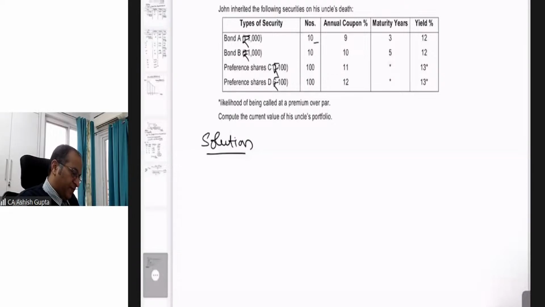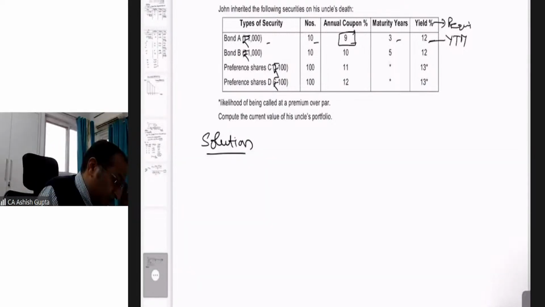There are 10 bonds, face value 1000, annual coupon 9%, maturity is this, and yield is this. So it is the YTM, the required yield. Coupon rate is 9%. The interest will be paid at 9%, but a similar type of bond is yielding a return of 12%. Similarly, 10 bonds are there. Here the rate of interest is 10%, the maturity period is 5, and the yield is 12%.